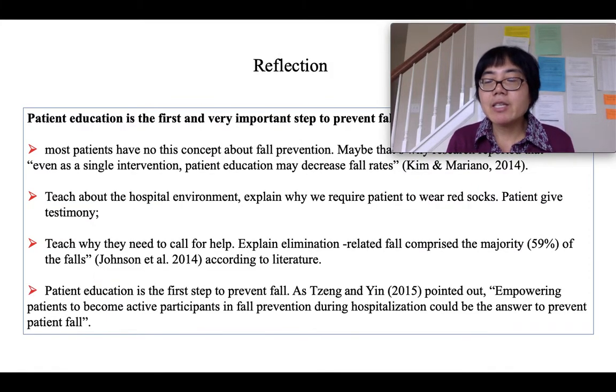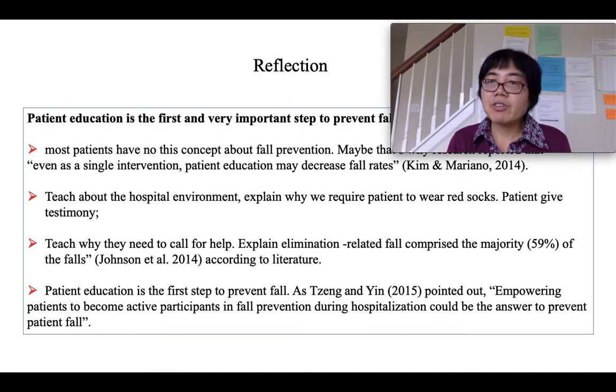By interacting, communicating, and teaching patients, I found that patient education is the first and a very important step to prevent falls. By communicating with the patients, I found that most of the patients have no concept about fall prevention.